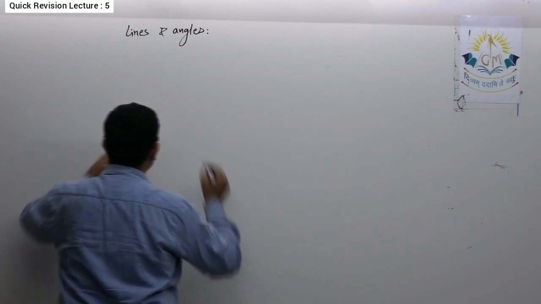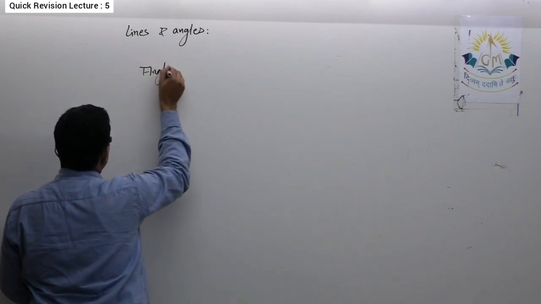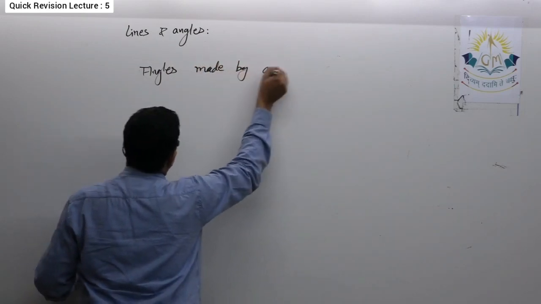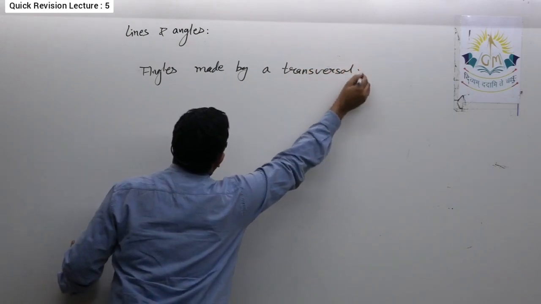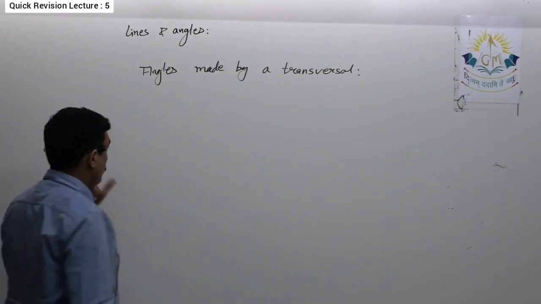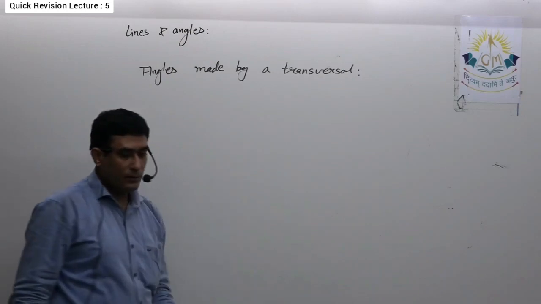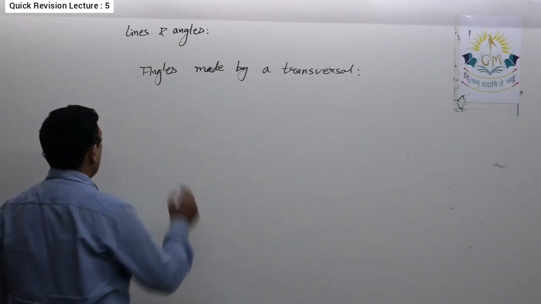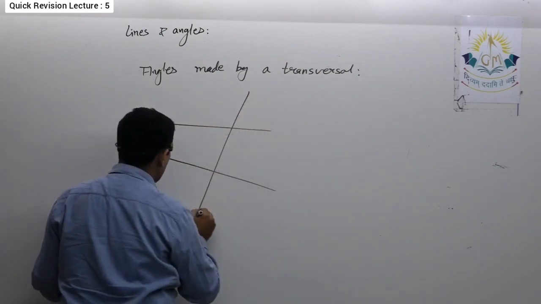So first of all, a transversal is a line which intersects two or more lines at two distinct points.